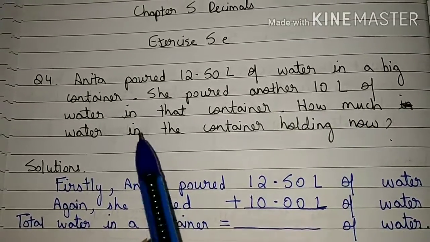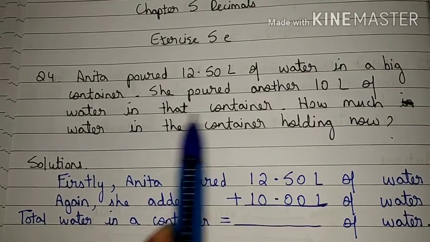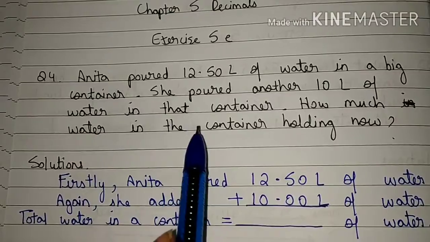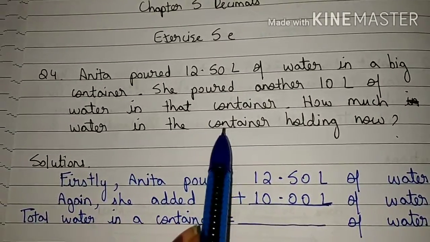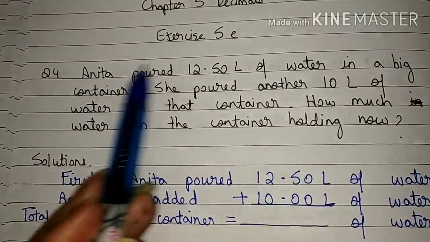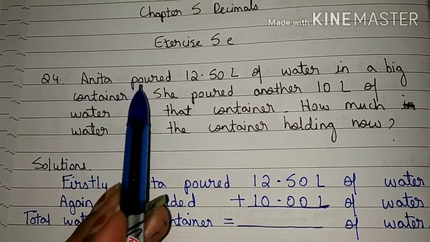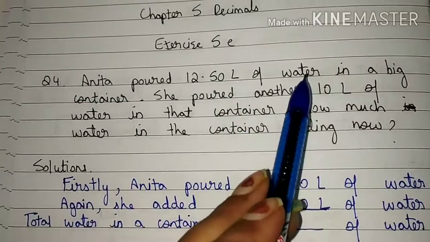Now students, in this question we have to find out the total water in the container now, मतलब अब उस कंटेनर में टोटल कितना पानी है. So students, in this question we will do addition because Anita has a big container in which firstly she added 12.50 liter of water.